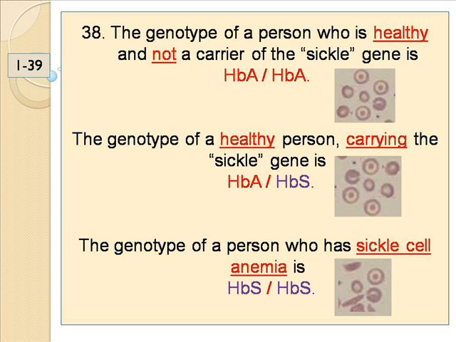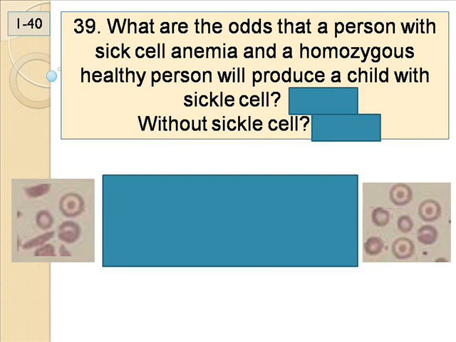But they have a youngin'. Could that youngin' have sickle cell? Sure. And the rest of my slideshow is about that. What are the odds that a person with sickle cell anemia and a homozygous healthy person would make a child with sickle cell, and the odds of a child without sickle cell?